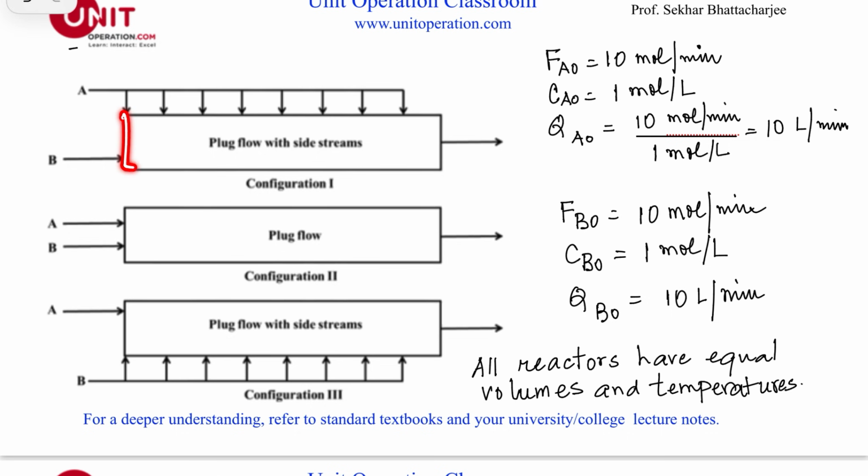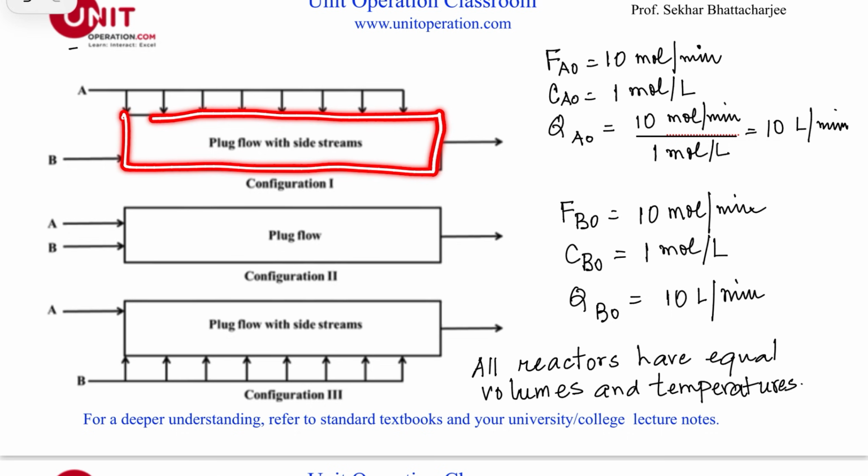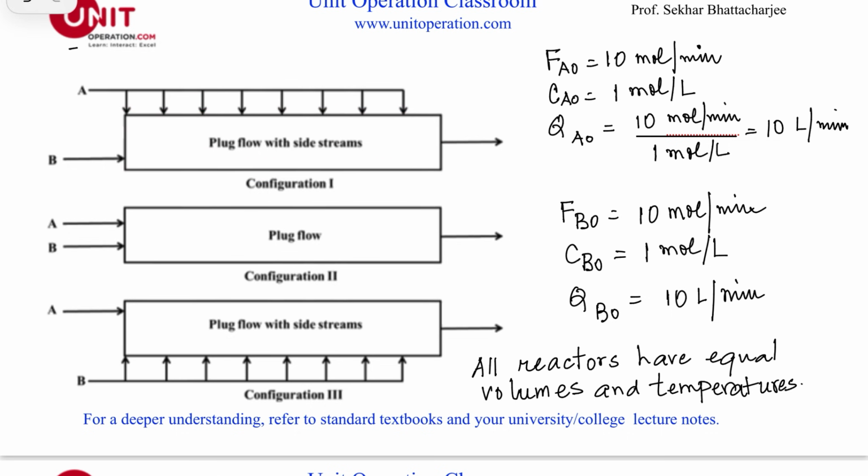In the first PFR, we see there are two reactants, A and B. Reactant A is fed through several side streams, whereas the entire fluid B enters the plug flow reactor at the inlet.